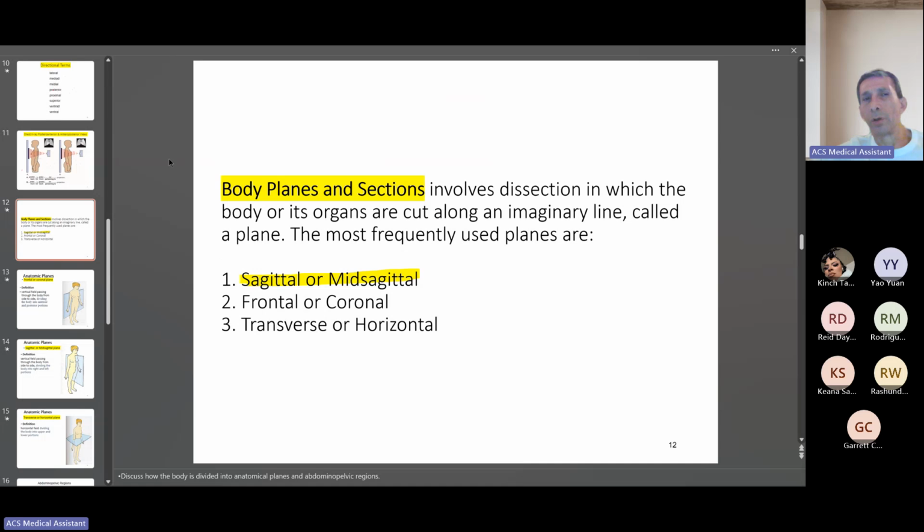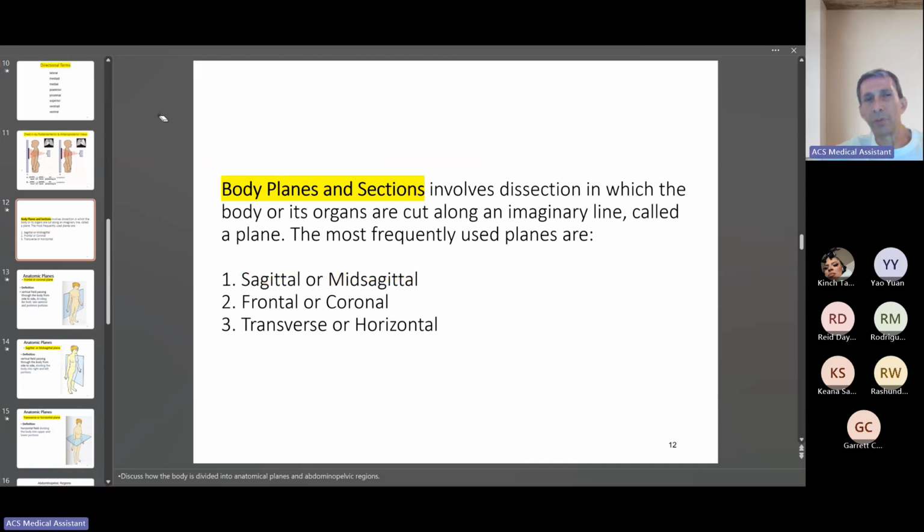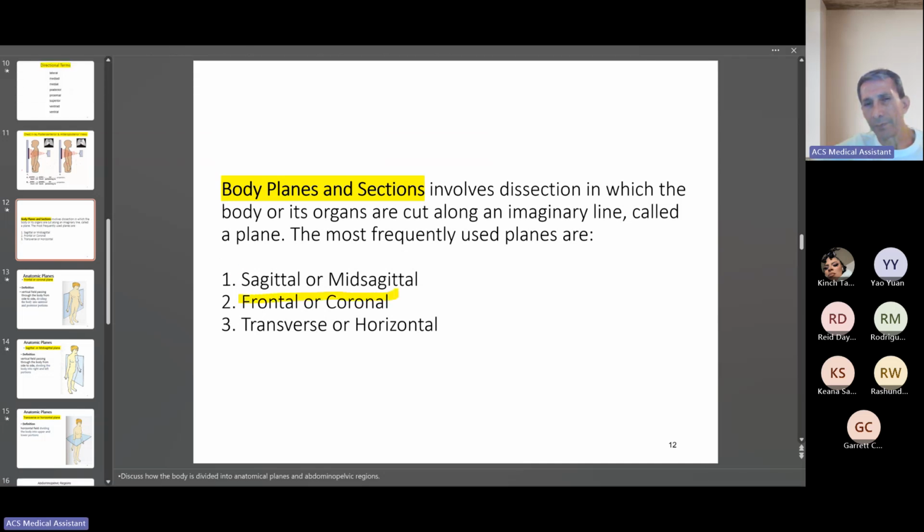Frontal or coronal? Let's talk about this one. Now we're going to move to frontal and coronal. The second one. As the word implies, remember frontal. So I use this part to differentiate between the other planes. This means that the body is divided into anterior and posterior, ventral and dorsal, or front and back.